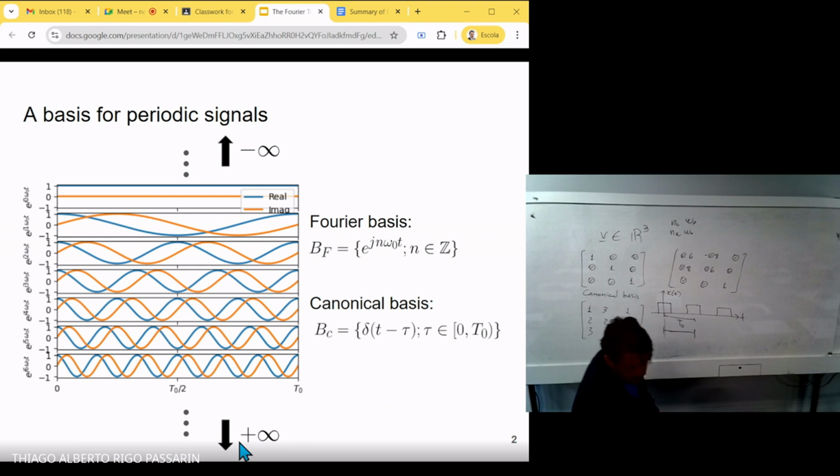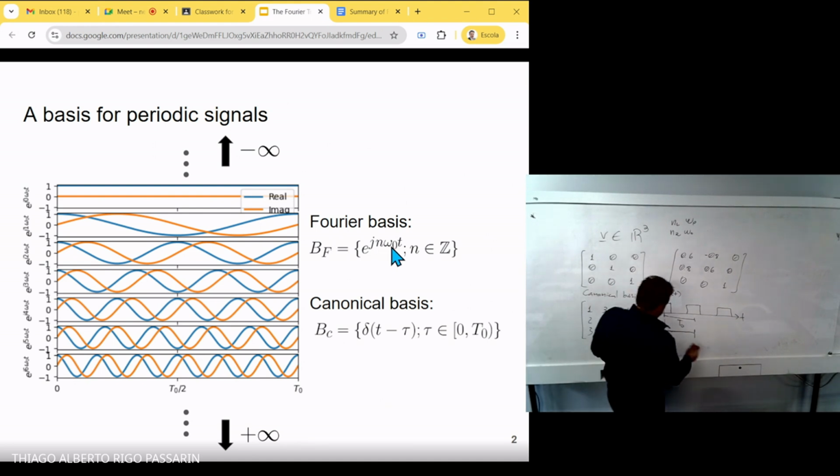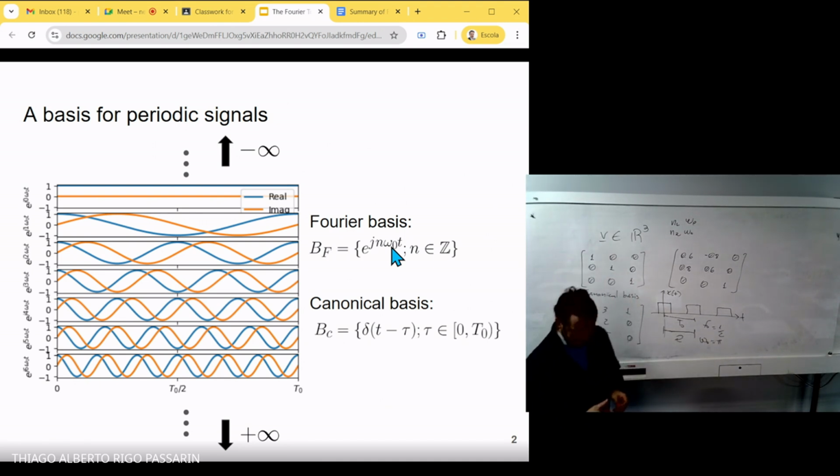So this is the Fourier basis. The vectors, the signals, e to the j n omega 0 t. For instance, here, if I have a period of 2, then my frequency f0 in hertz will be 1 over 2, and my frequency omega 0 will be 2 pi times this, so it will be pi, right?